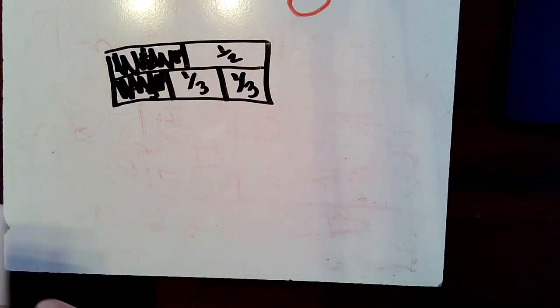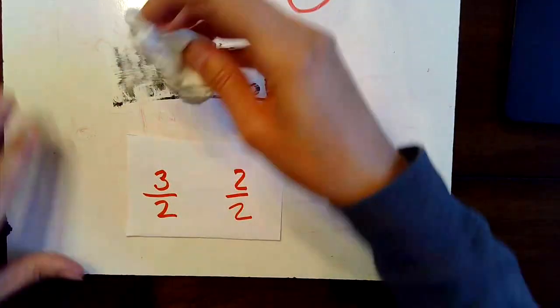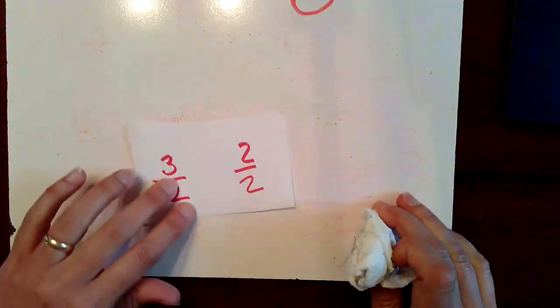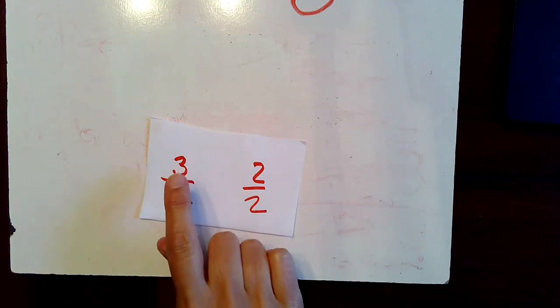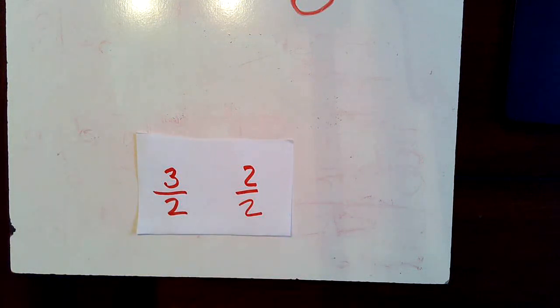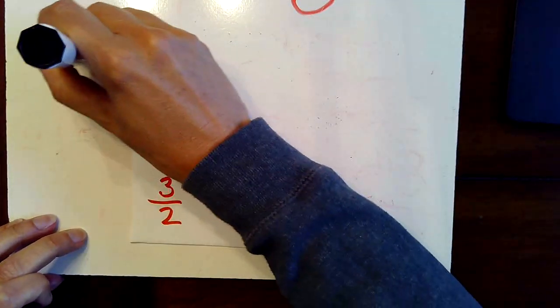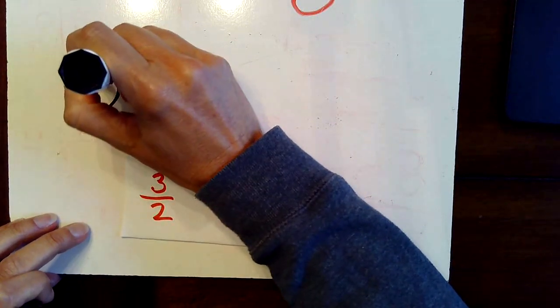Now let's keep on moving. The next one, write down 3/2 and 2/2. 3/2 and 2/2. Put in your sign. And for that one, I hope you noticed once again that the numerator is greater than the denominator. And for that one, I'm going to draw a picture. 3/2. I'm going to take a circle, divide it in half, label 1/2, 1/2.